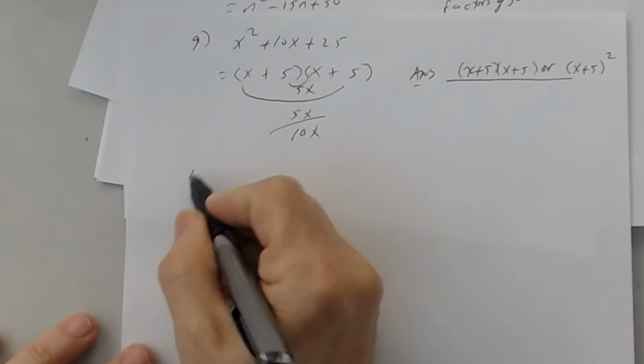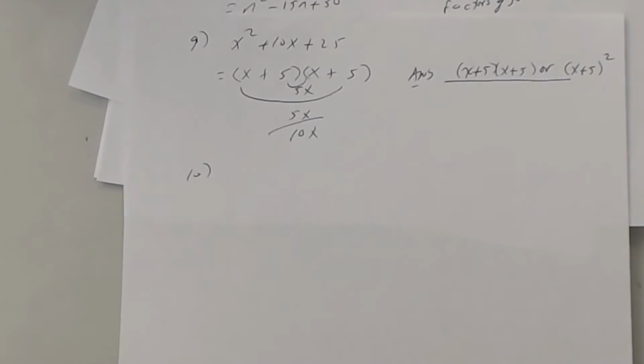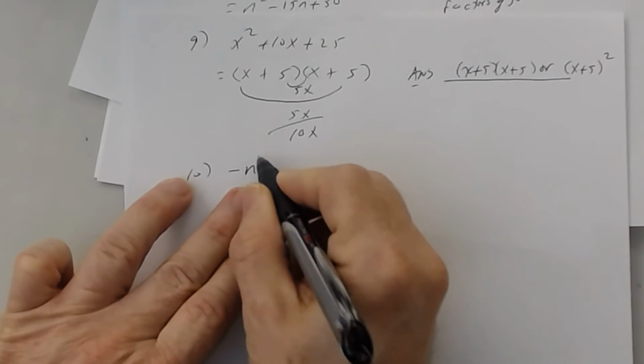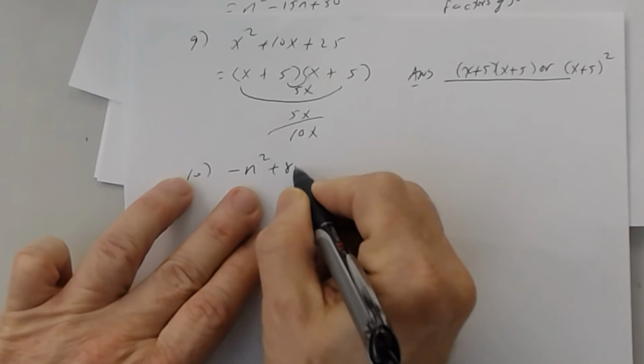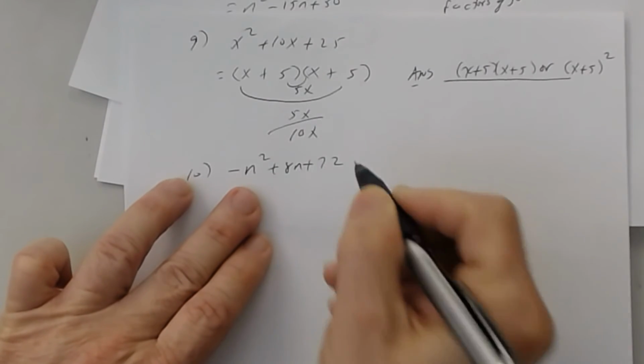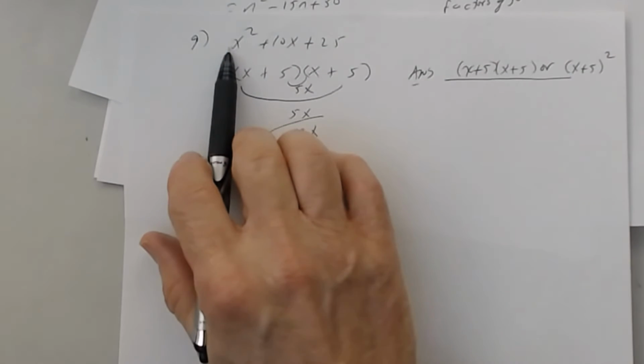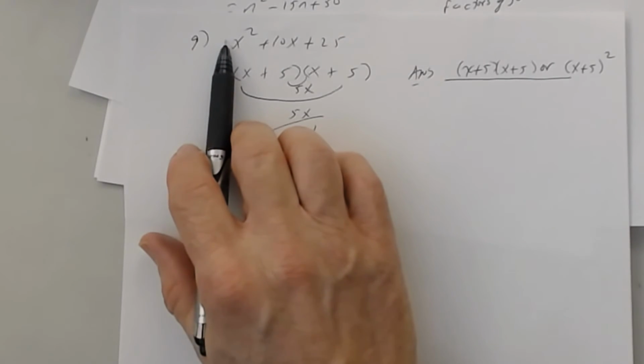Okay. One of the problems on my math lab and one of the problems on the worksheet is going to say this. So I'm going to go ahead and write this down. You have negative n squared plus 8n plus 72. Now, in all the problems we've done, last class period and today, the squared term had a positive coefficient. The coefficient here is a positive 1, isn't it?